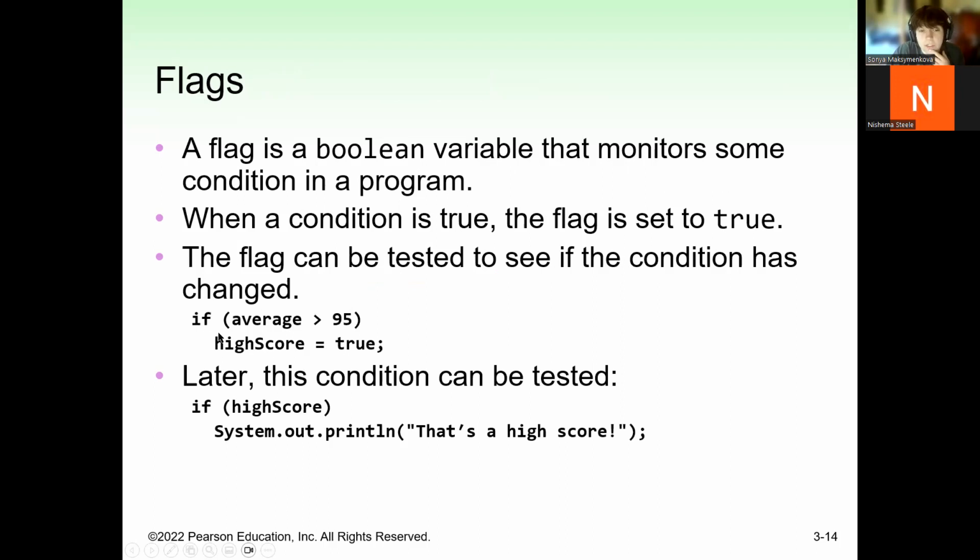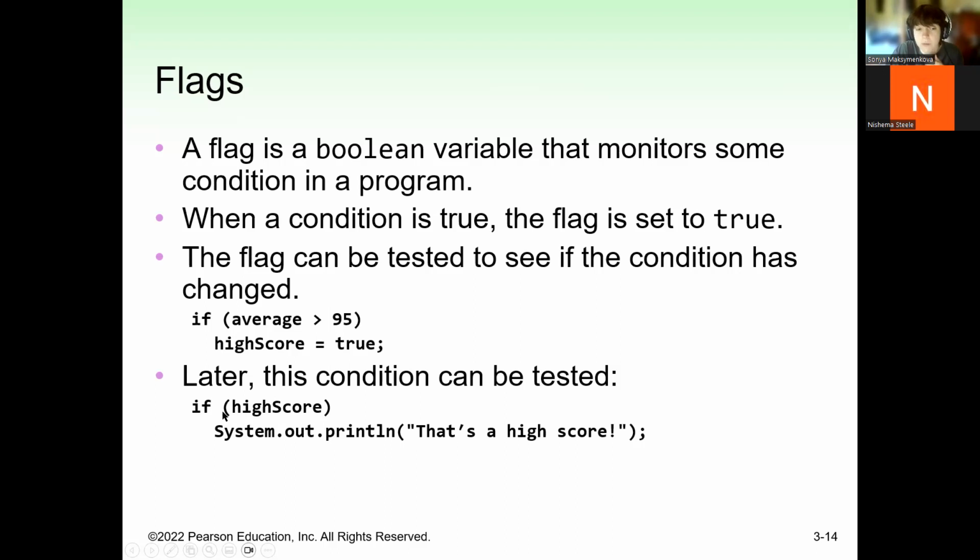For example, here we have: if average is greater than 95, then a flag called highScore will be equal to true. Then we can test that condition later with if highScore. We don't have to put if highScore equals true, because our if condition will only execute if it is true.